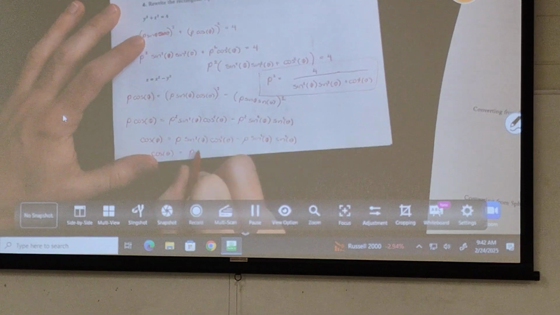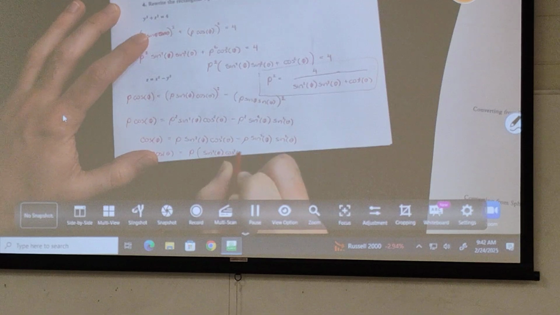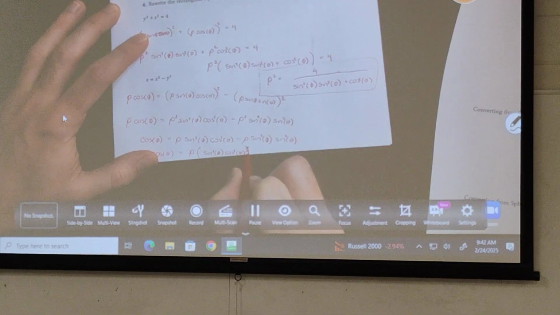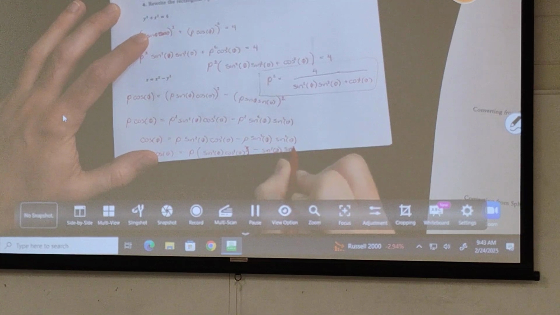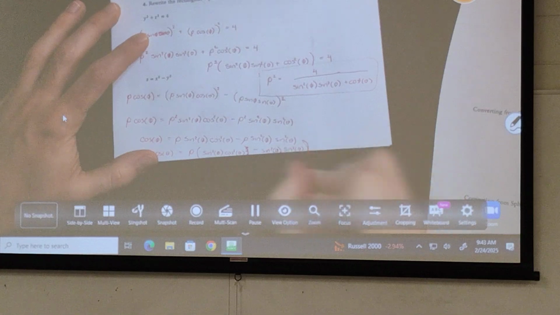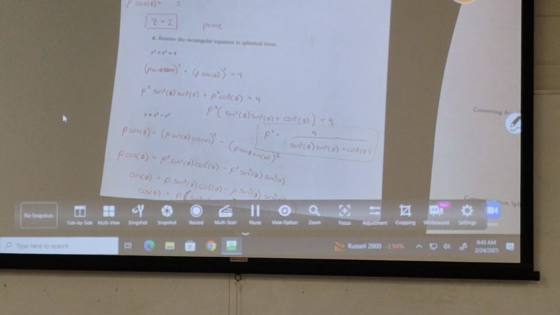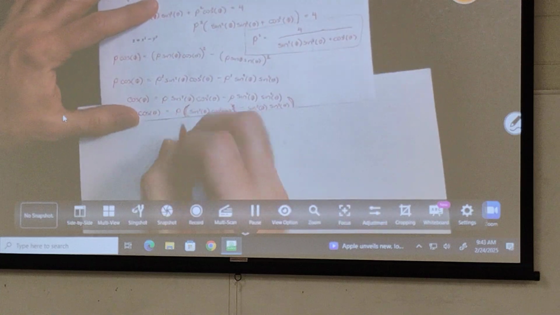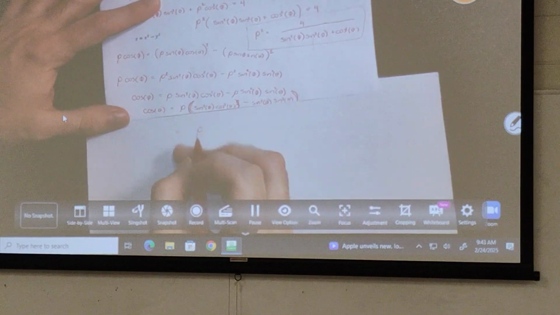There's a rho in both, so I'll factor it out. One more line. And I can just solve for rho by dividing both sides by all of this modulus.